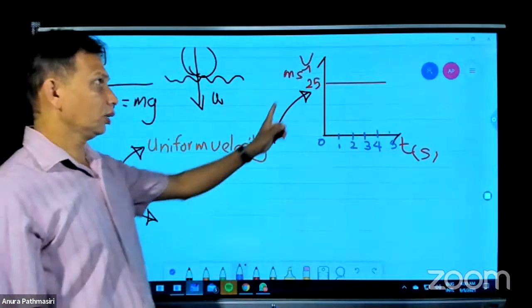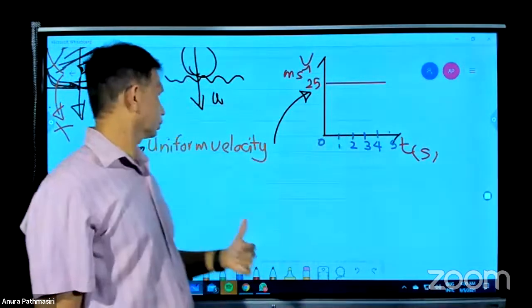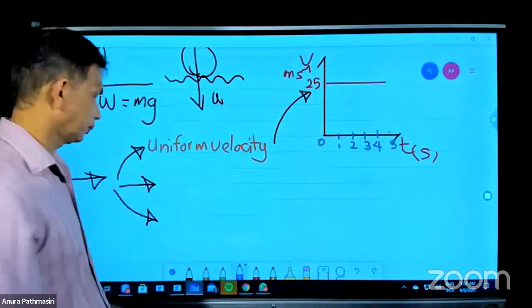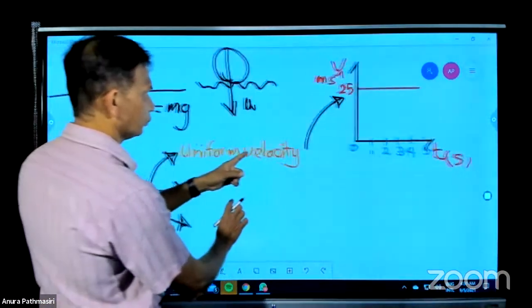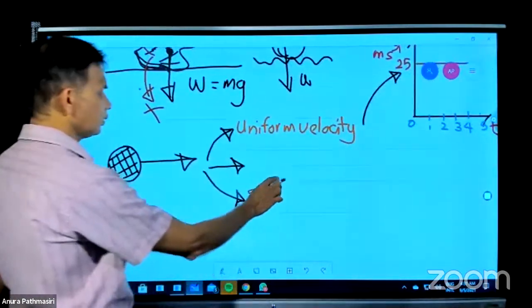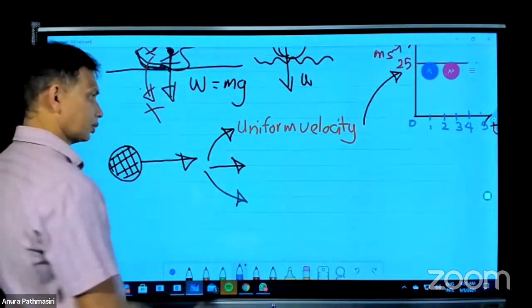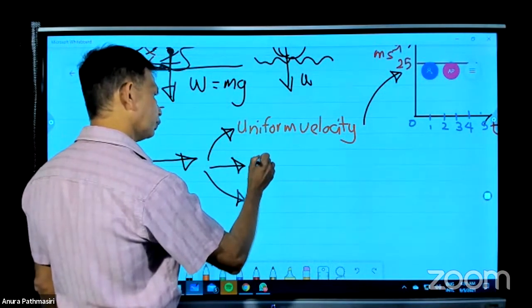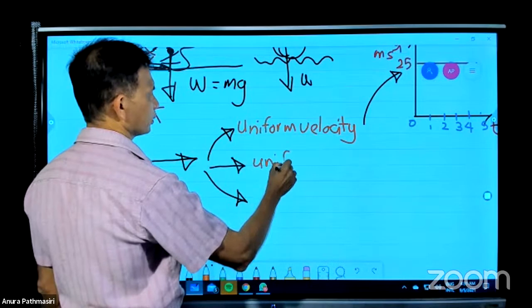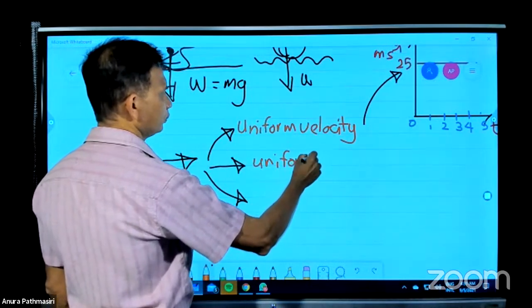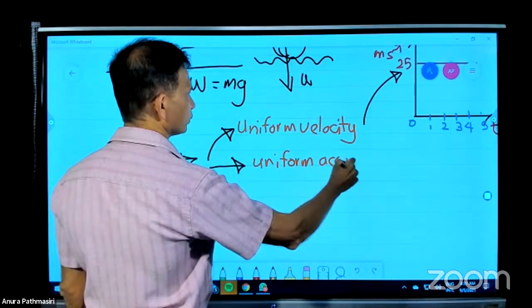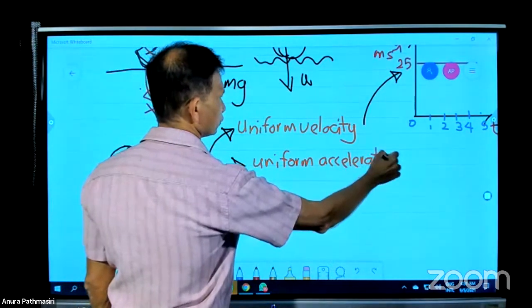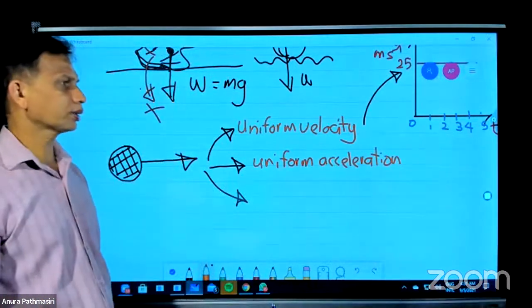Then when an object is in motion, the motion can be uniform velocity. Second one, it can be uniform acceleration.